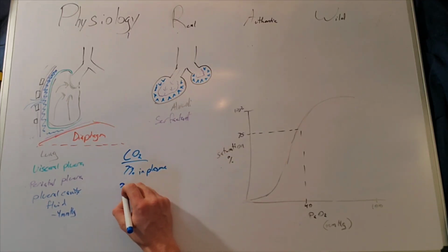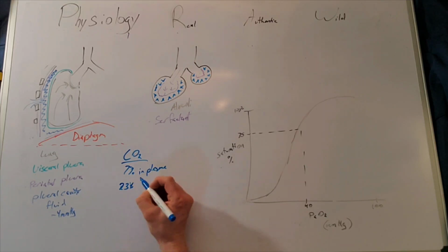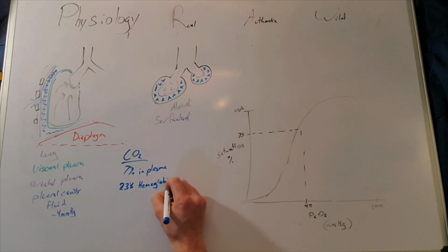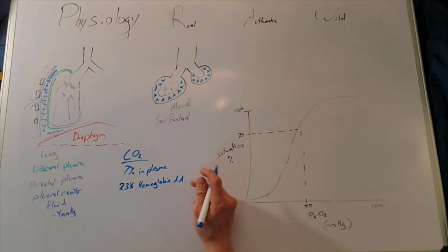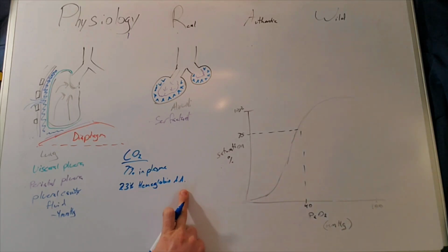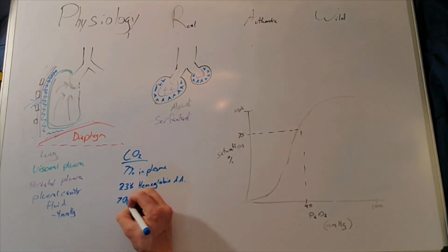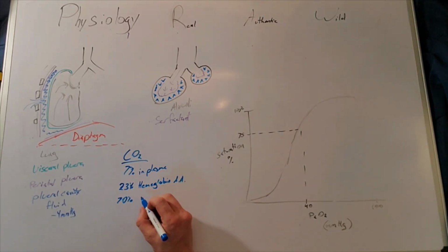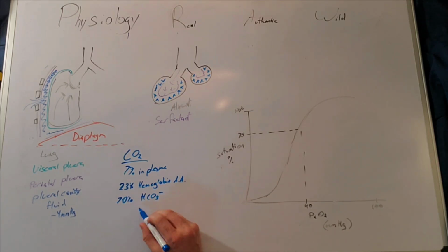A higher percent, 23%, will be picked up by the hemoglobin amino acids, so not where the oxygen binds, but a different location. But most of it, a solid 70%, will be converted to HCO3, so bicarb, through the mechanism that does that.